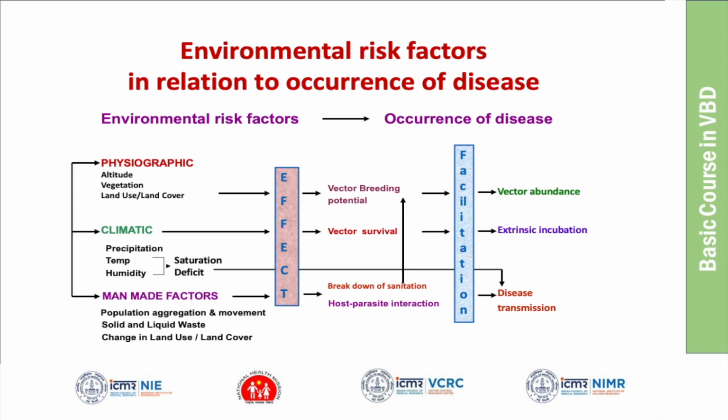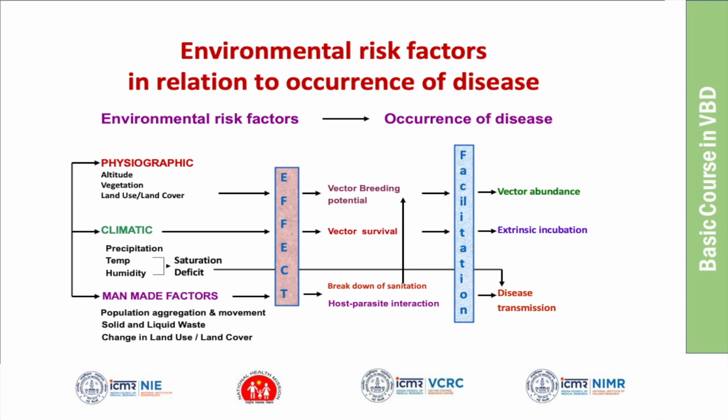And this will result not only in vector breeding potential, but also urban agglomeration and industrialization, all these things will come in here. So these are all responsible for the vector breeding and also abundance. So all these three factors are responsible for the disease transmission.